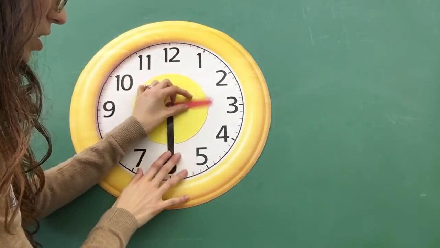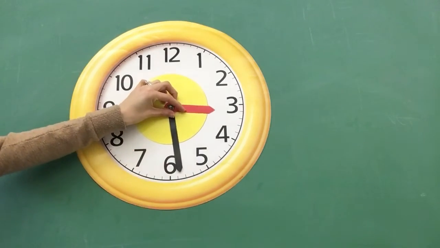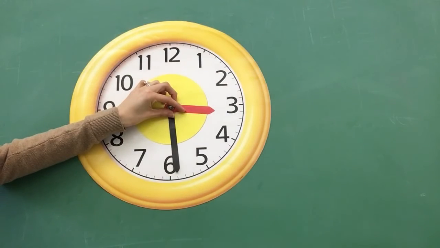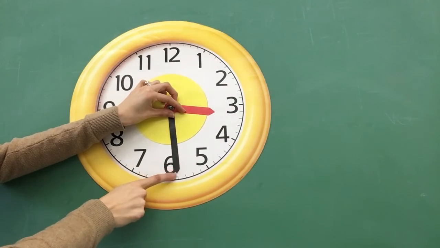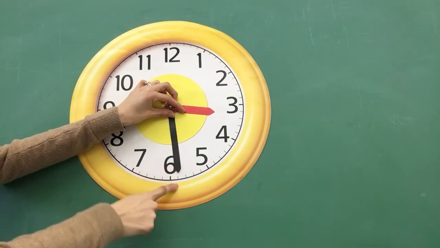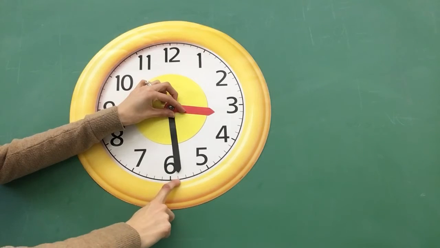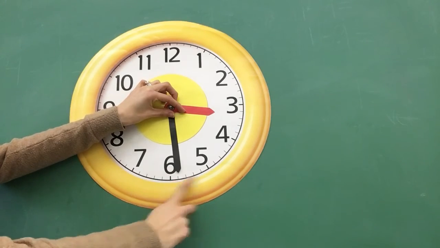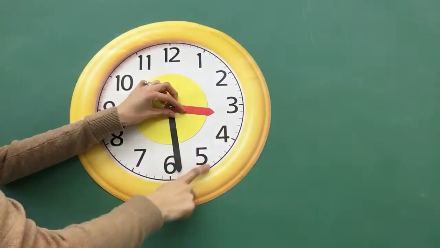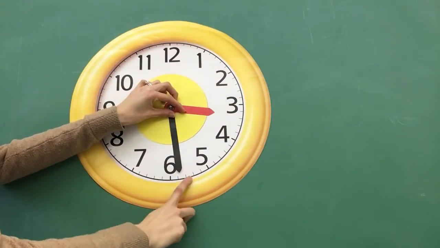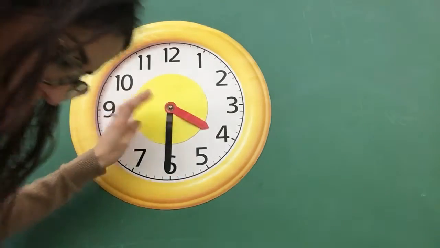Oops, my clock is not staying, so I will just keep it there with my finger. You see that? It's a tick mark. This is the dark tick mark, but this is the one before the 6. So 3:29. 3 o'clock, 5, 10, 15, 20, 25, 26, 27, 28, 29. 3:29. Okay, let's do the next one.